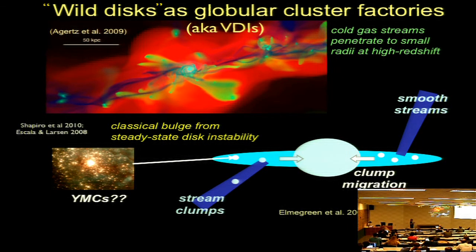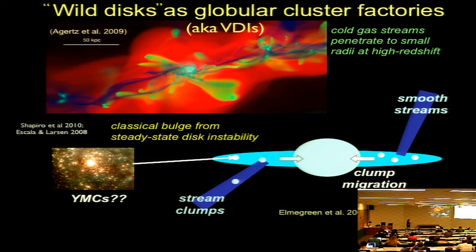The disks become unstable, they clump. The clumps migrate towards the center where they build up what looks very much like a classical bulge. We got interested in this because it's been suggested by Reinhard Genzel and his group, for instance, that these clumps may be the sites of young globular cluster formation.